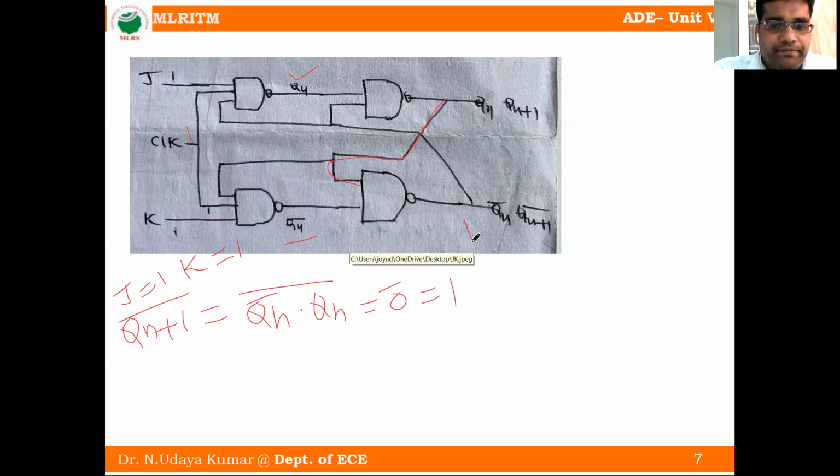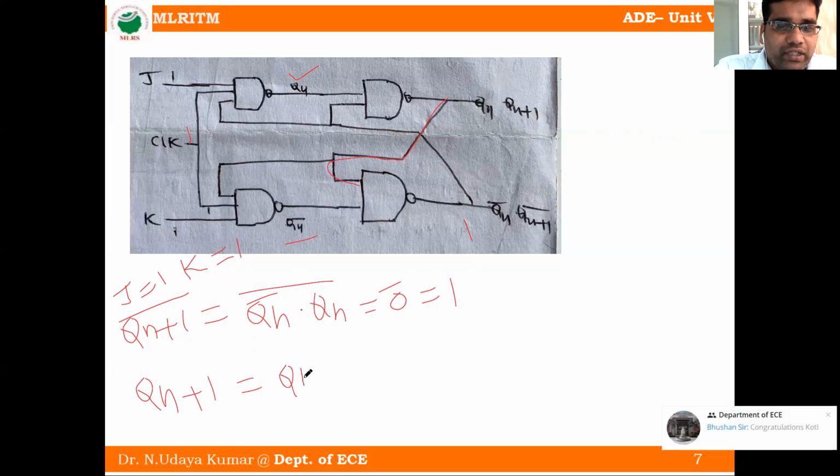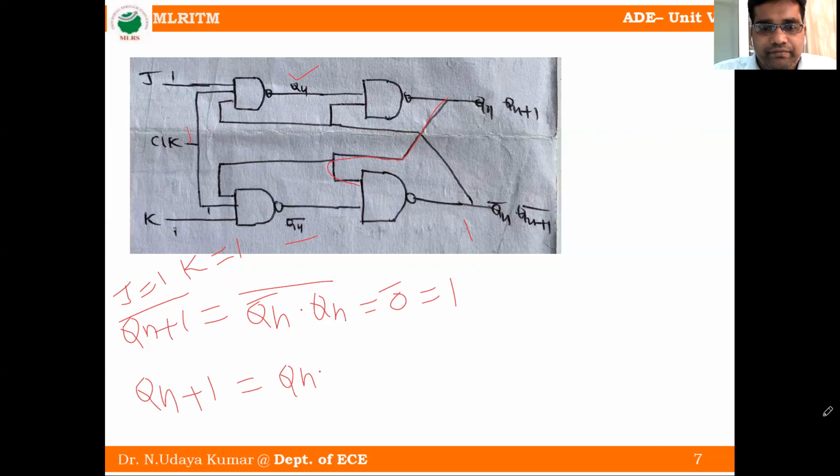If it is 1, now find the next state. For the next state of the JK flip-flop, one input terminal is Qn and the other input terminal is 1.